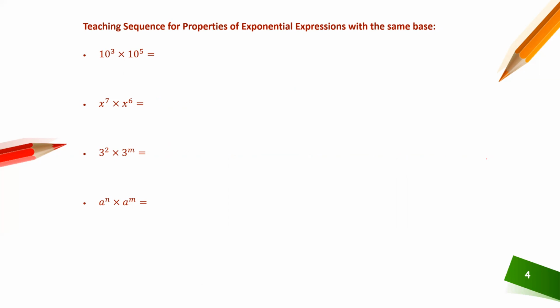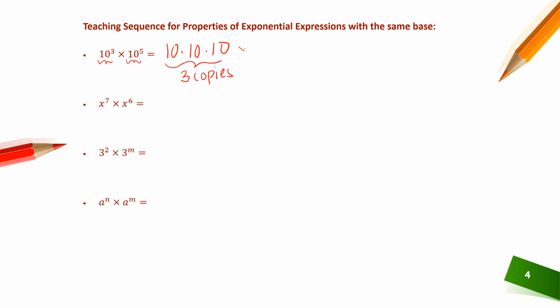First, you'll start out with something like 10 to the 3rd times 10 to the 5th. Now always go back to the definition. Try not to give students rules. So 10 to the 3rd power, by the definition, is 10 times 10 times 10, and that gives you 3 copies of 10.